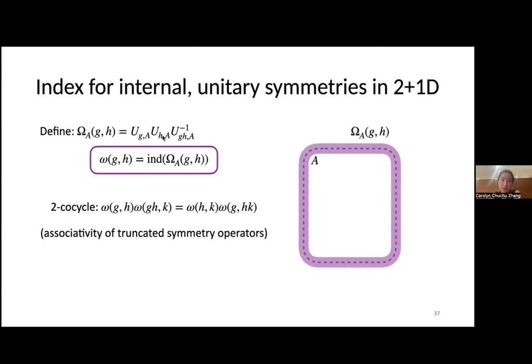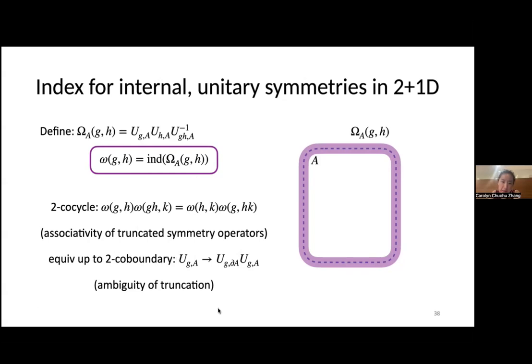So if you assume that the symmetry operators UGA, UHA, UGHA, or UKA have an associativity condition, then what you'll find is this two cocycle condition. Furthermore, we can say that two of these omegas are equivalent if they differ by a coboundary. So cohomology class is cocycle modulo coboundary.